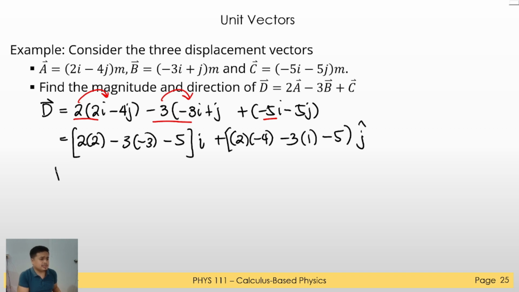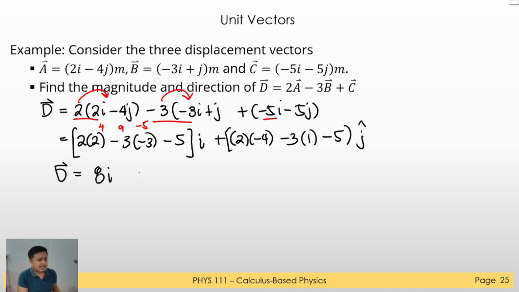Okay, so if we simplify this, we just add this directly, we have 4, we have 9 minus 5, so this will be equal to 0, right? No, not 0, but we have 8i to be exact.